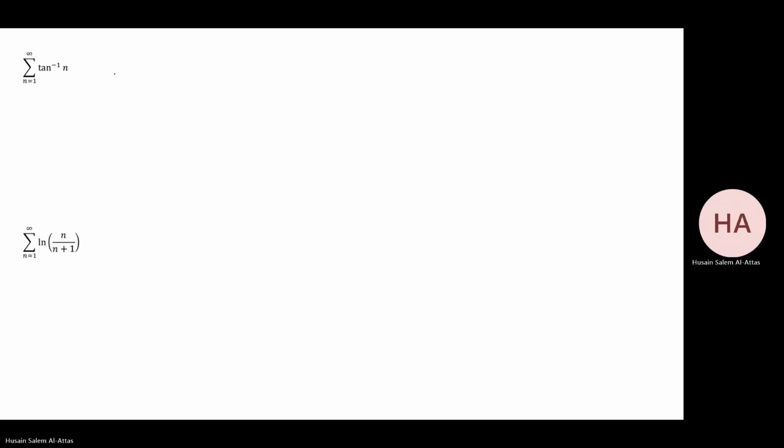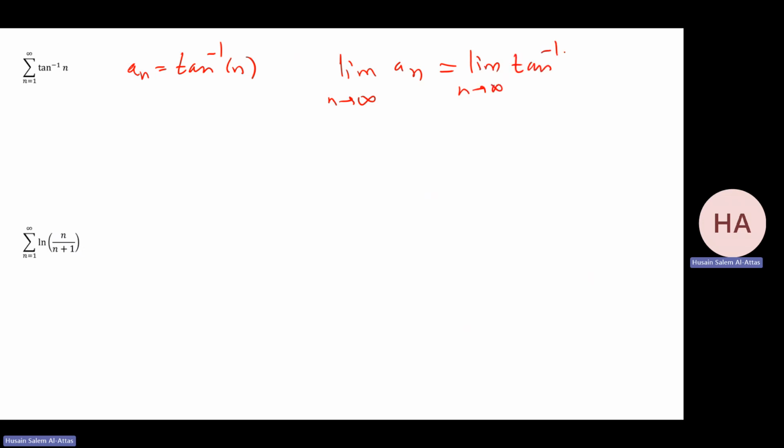This one, a_n is what? Tan inverse of n. What is the limit of a_n as n goes to infinity? It will be the limit as n goes to infinity of tan inverse of n. I know tan inverse of infinity is pi over 2, not equal to 0.